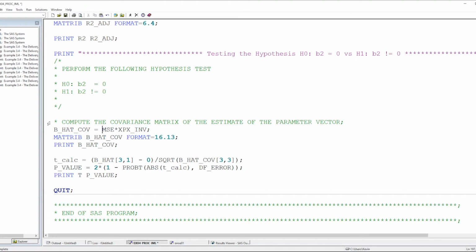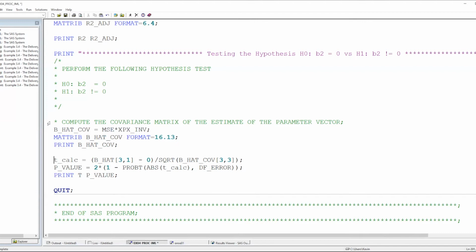You'll also recall that the point estimate of sigma squared, which again is the variance of the error term in the model, is provided by the MSE, the mean squared error, in the analysis of variance table for the regression. So beta hat cov, again, is the 3x3 covariance matrix for beta hat.